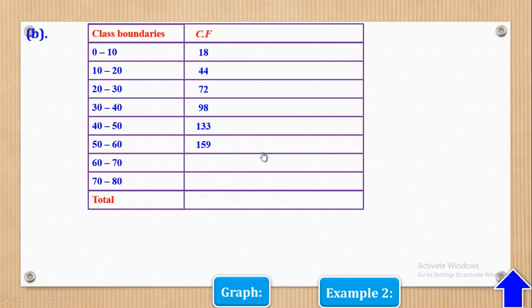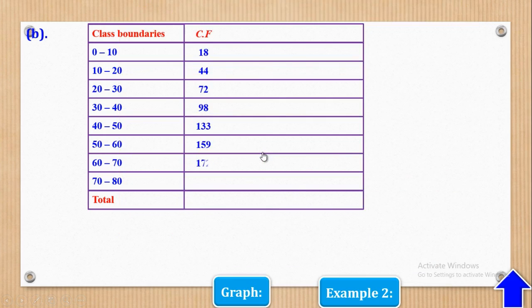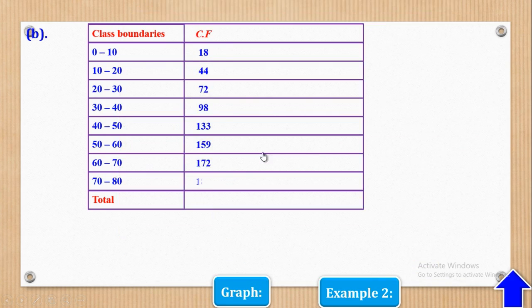Then go to 70, take the line up, read off this value, and that will be 172. And lastly 80. So go to 80, read off this value, which will be 180. So basically that's the values for cumulative frequency.